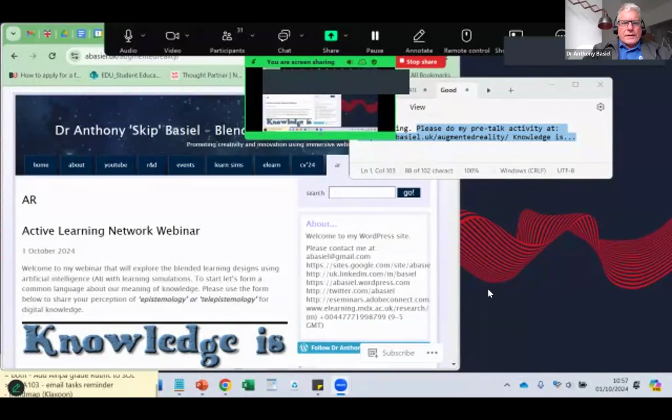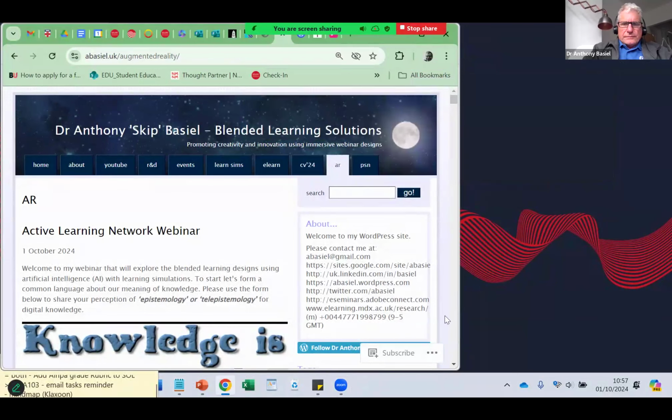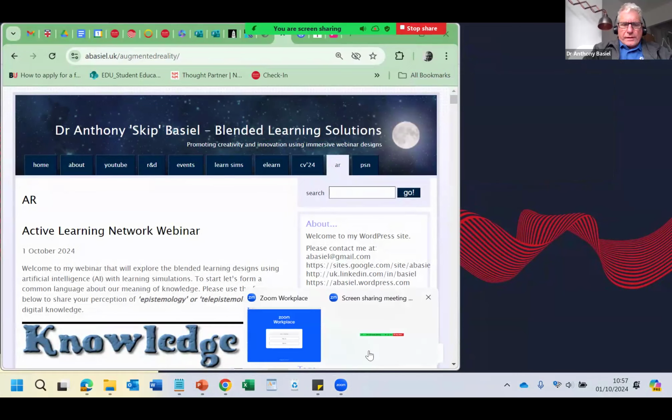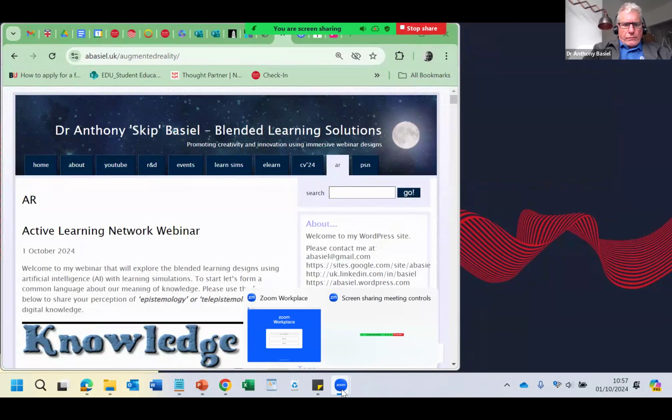Fantastic. Please, let's see here now. I'm trying to see if I'm going to be able to keep the text chat. It doesn't look like I'm able to see the text chat while I'm sharing the screen. Can you see the screen right now?